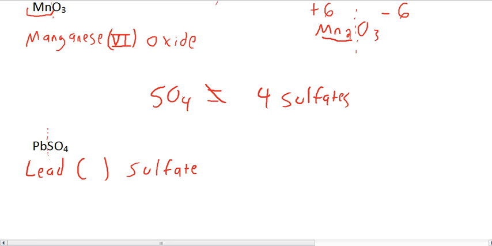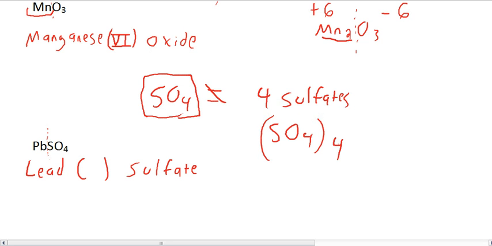I understand that it ends in a 4, but SO4 is sulfate. The whole thing is. The only way I could have 4 of those would be if I had this. That is 4 of these. This is 1 of these. So that's not 4 sulfates, that's 1 sulfate. You have to have the S and the 4 O's to make a sulfate.